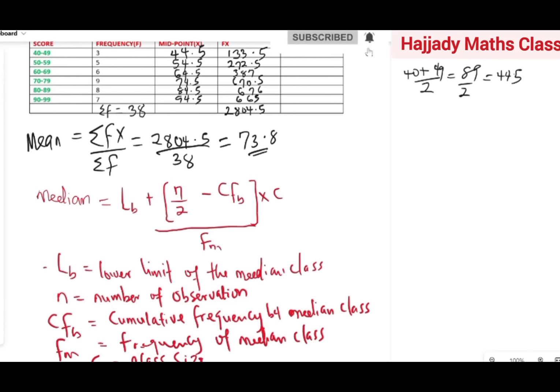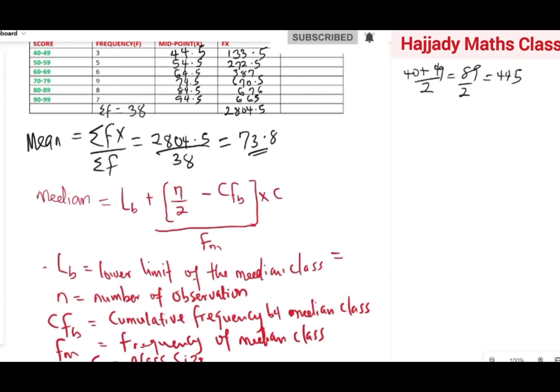Looking at this, from here we know that our lower limit, the first thing for us to determine is to determine our median class. And for you to determine your median class, in our last video you can check, we talked about how to determine median, okay, of ungroup data.